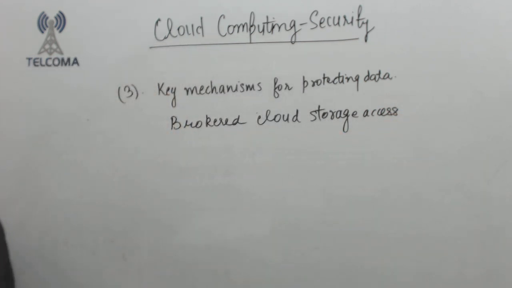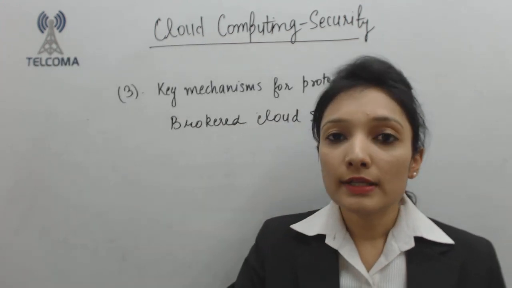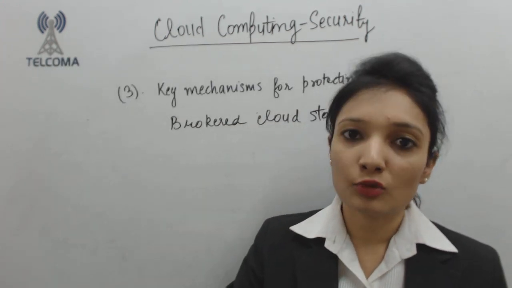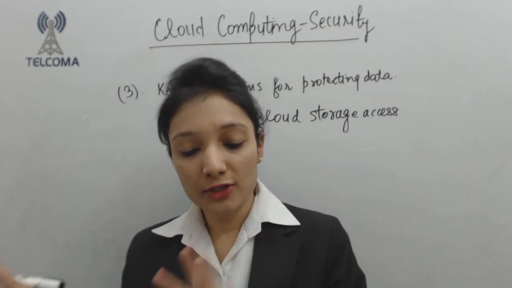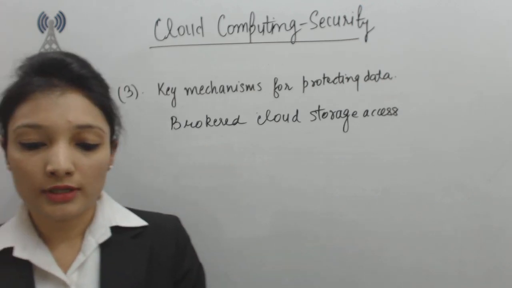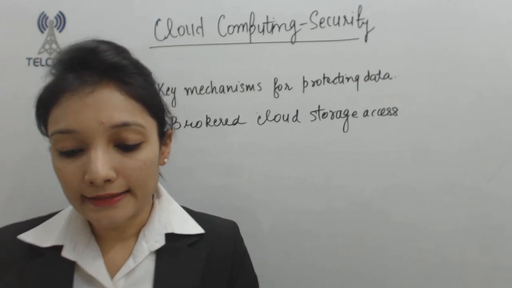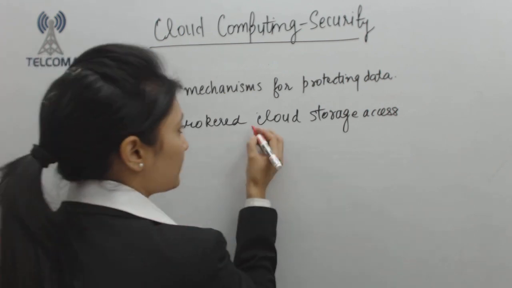Now, brokered cloud storage access is basically used for isolating the storage in the cloud. It means isolating the data so that we can prevent direct client access to the shared data. So what happens? This brokered cloud storage creates a broker and a proxy.